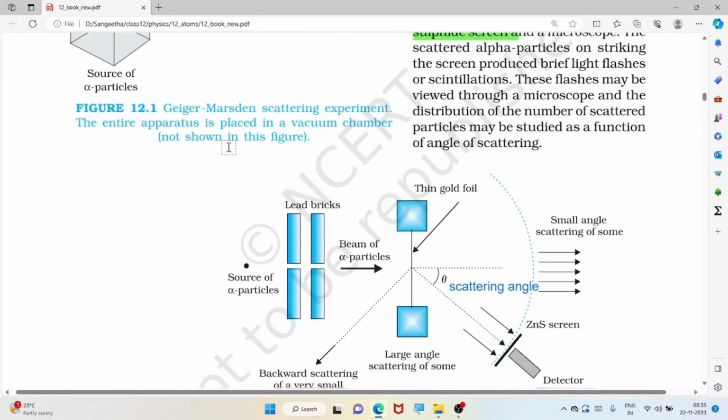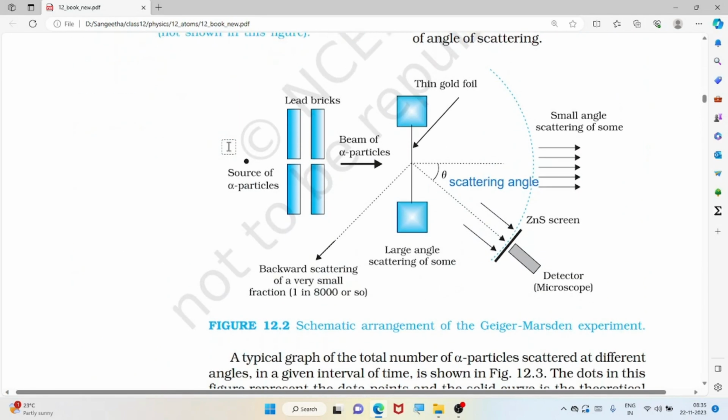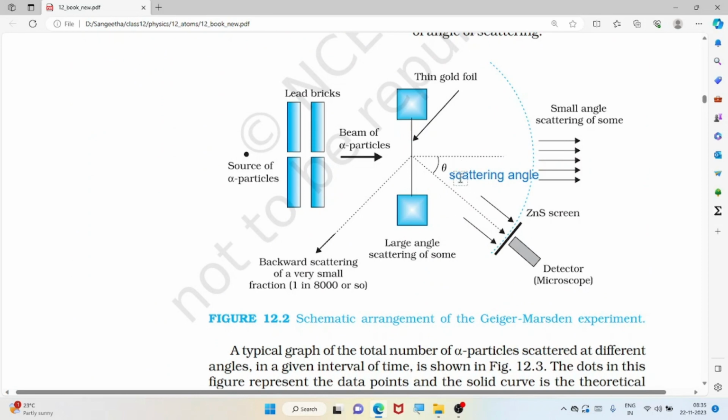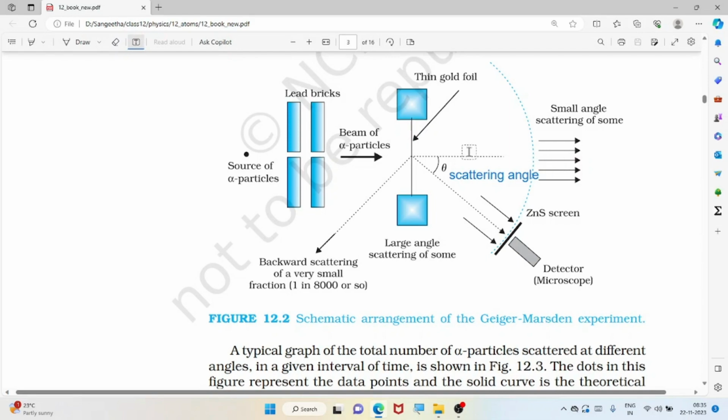This is the scattering angle. Instead of going straight, these are the scattered alpha particles. Here there is a large angle of deflection, a large angle of scattering. This is backward scattering, which is a very small amount. This is a small angle.